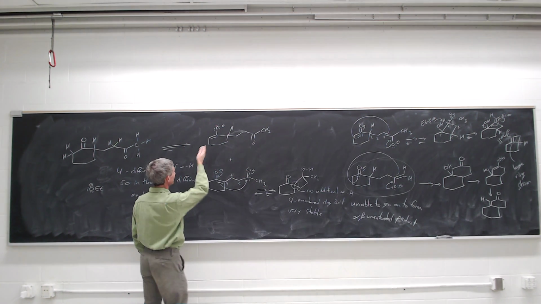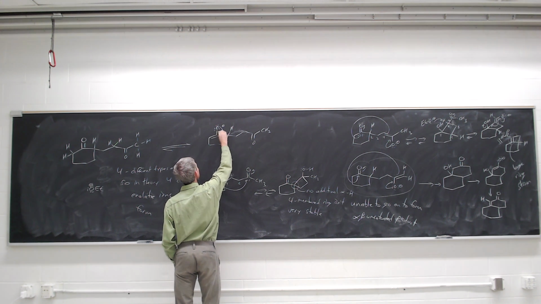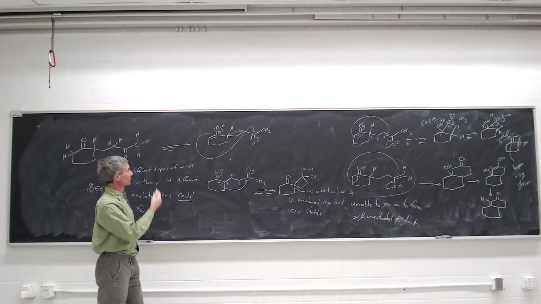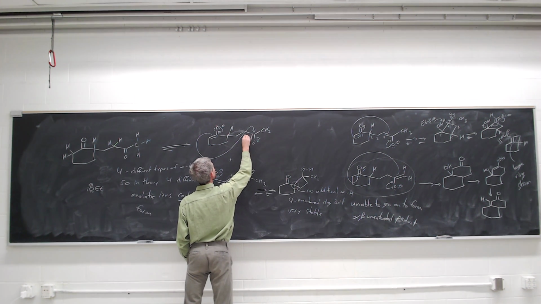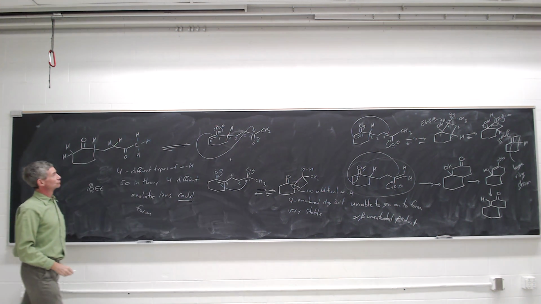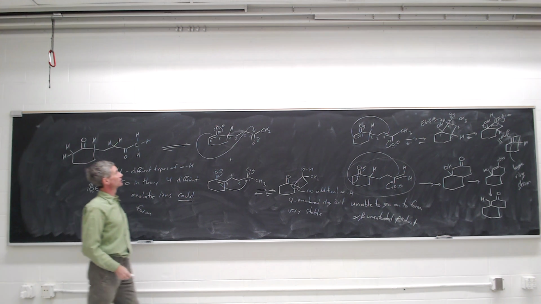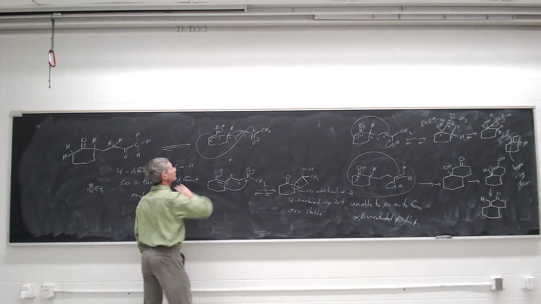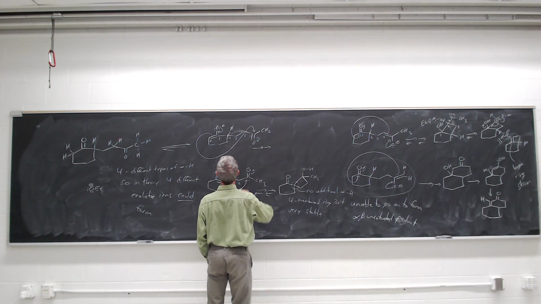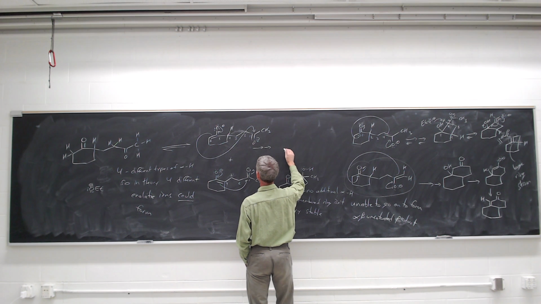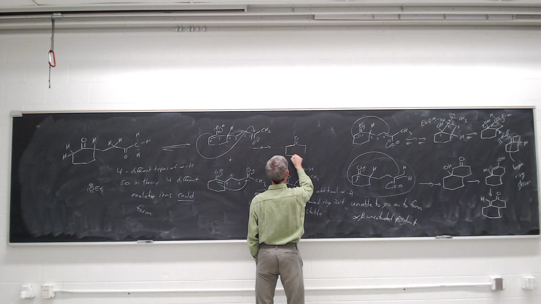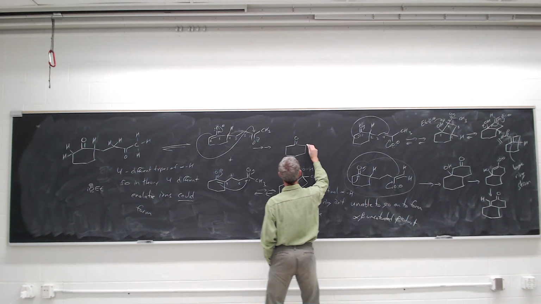That leads to the question, what about this one? That's going to form a 6-member ring. And there will be additional alpha hydrogen. So why doesn't this one? It'd be a little bit difficult to draw this one, because it's actually going to form a bicyclic structure.